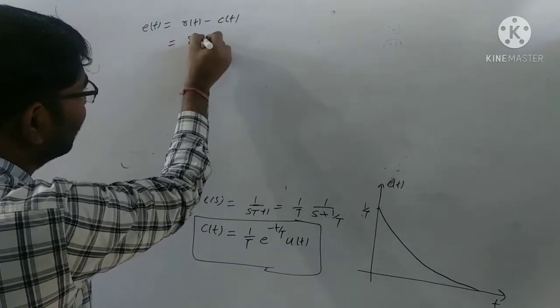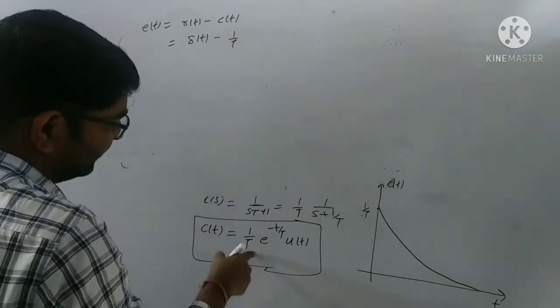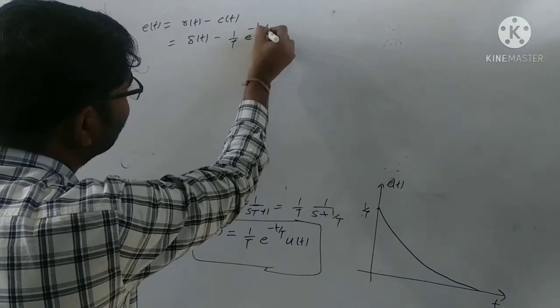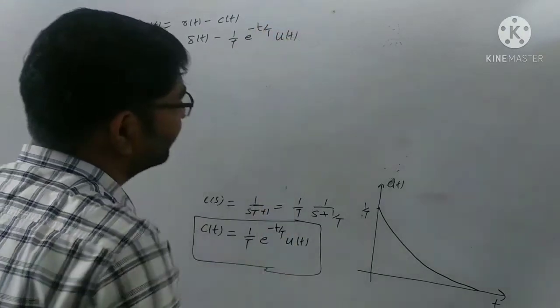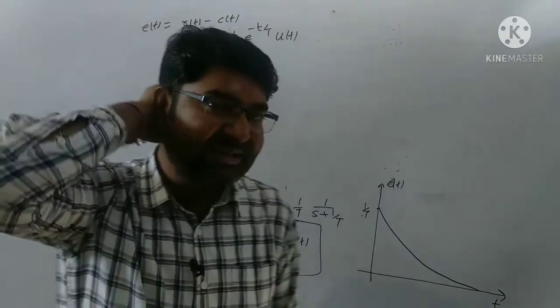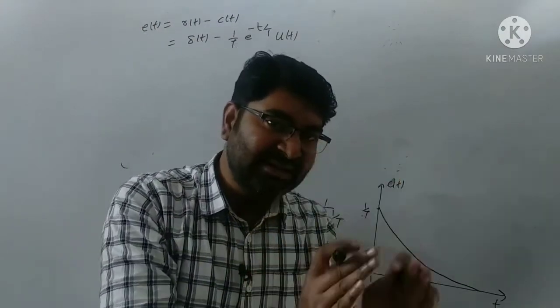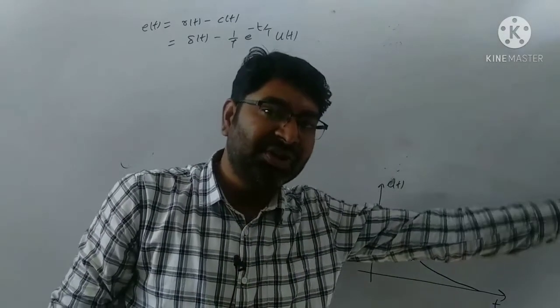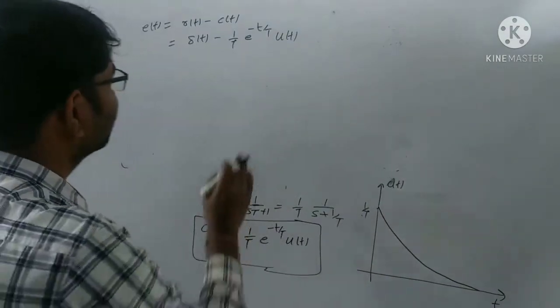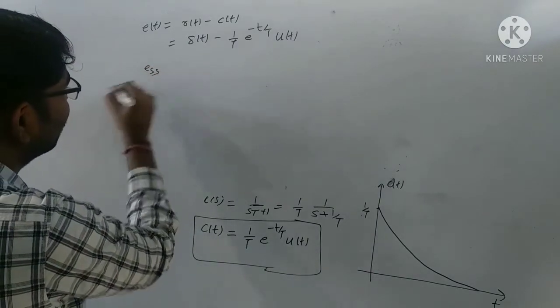R(t) is delta(t), and C(t) is (1/T) e raised to power minus t by T, u(t). What does steady state error mean? Steady state error means the error present in the system at t equals infinity.